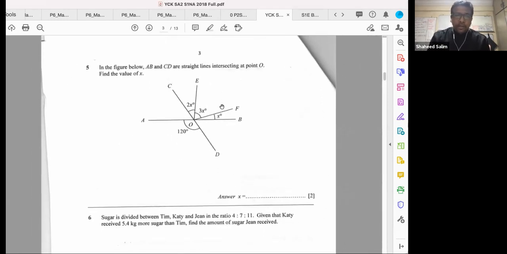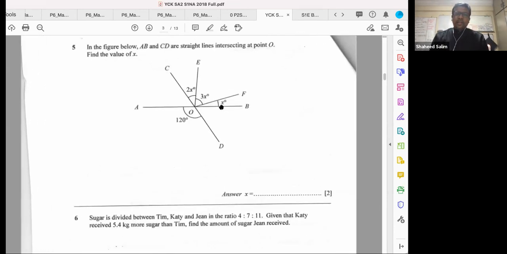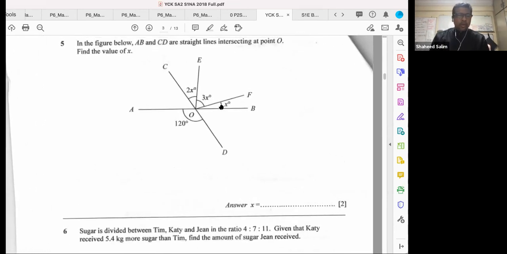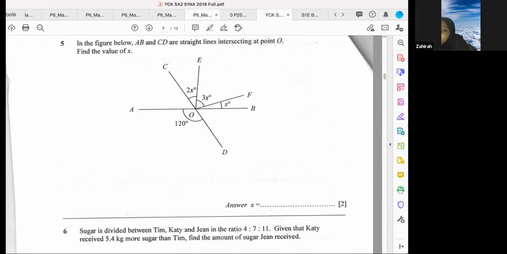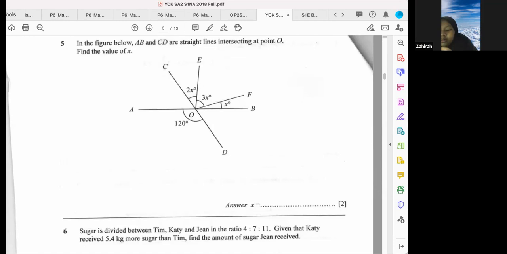Okay. Those who finish, you can do question number 6, which is a ratio. Well done, Sophia. Well done. Heian, well done. What about the rest? Okay, Zahira, you wait.